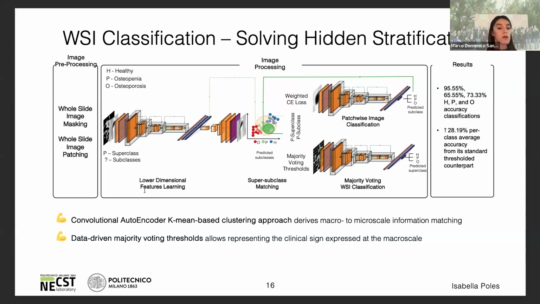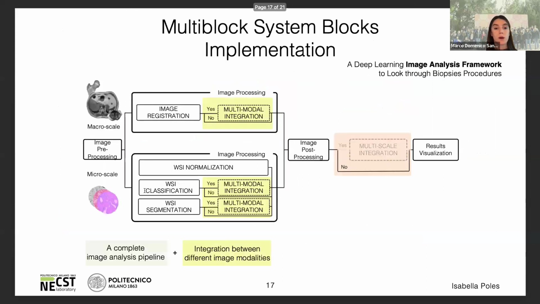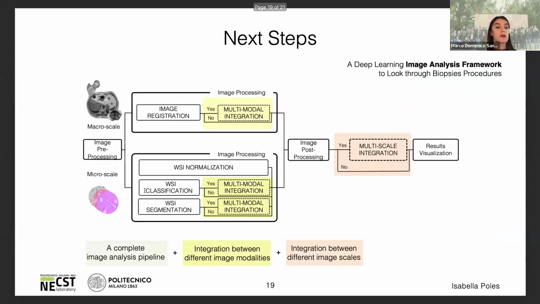Okay, yes. At the macro scale, I'm trying to exploit some loss functions that are able to also tackle the issue of different bit intensity scales between images, in particular exploiting multimodal loss functions during the image registration neural network training.